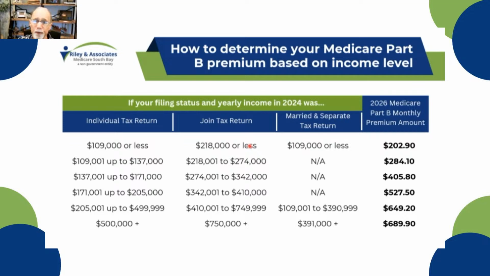We can help you with that too. We've got an email and forms for that. Social Security will review that, and we've had a lot of clients where they've gone ahead and reduced that premium for them. So some things you want to know, right?